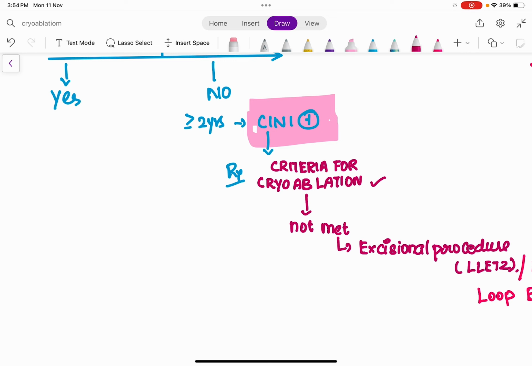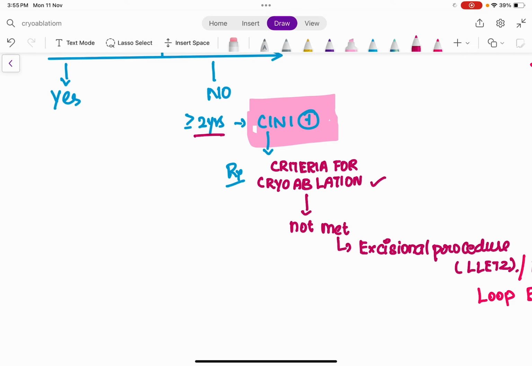In order to do this cryoablation, which is a minimally invasive procedure, there are certain criteria which need to be fulfilled. The details about cryoablation will be discussed in the subsequent module, but as of now, you have to understand that if it is not spontaneously regressing in the next 2 years, or if it persists beyond 2 years, then you have to do the treatment, and the treatment option is cryoablation.